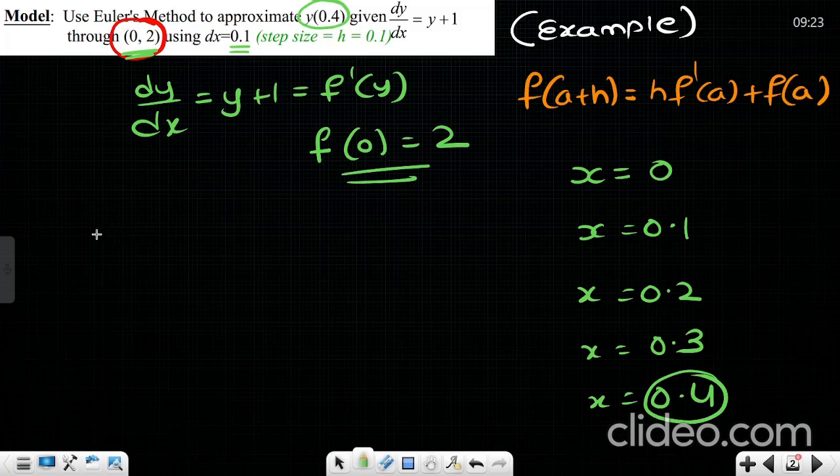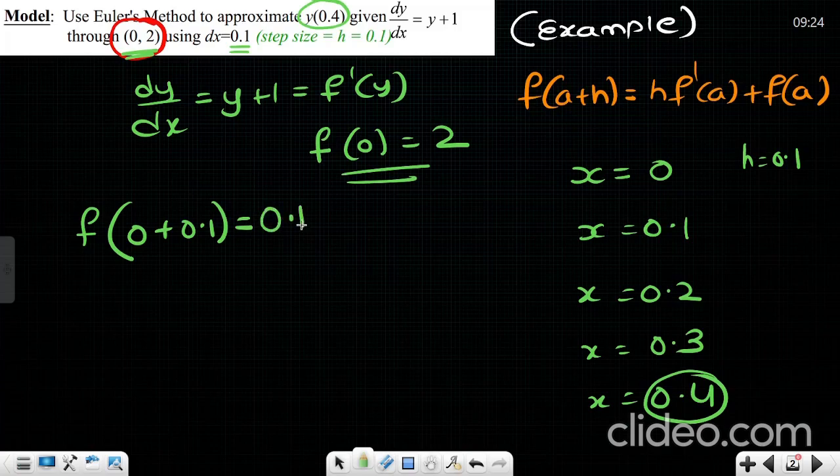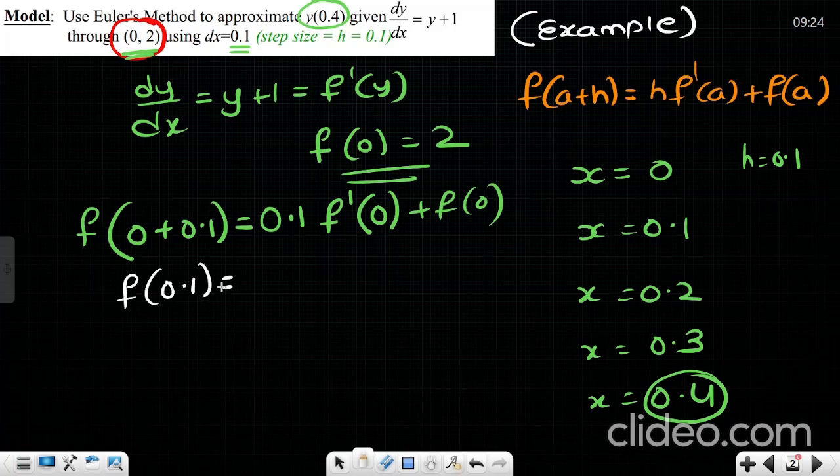Now if you want f of 0 plus 0.1, I am using this formula. That is equal to h, and h is nothing but 0.1, into f dash of 0, plus f of 0. So how do we proceed here? You will get f of 0.1 is equal to 0.1 into f dash of 0, meaning x equal to 0.